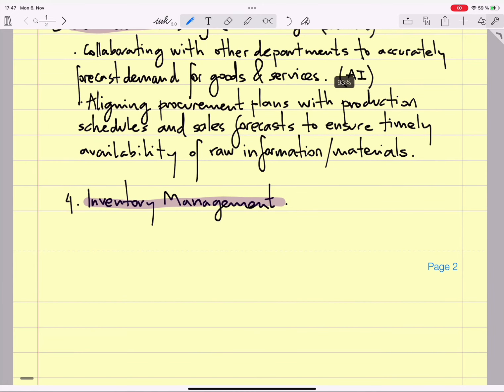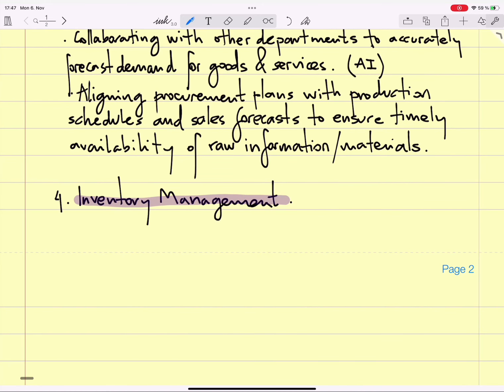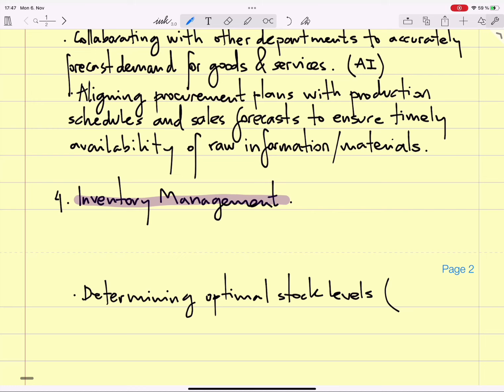Okay. So determining optimal stock levels, you remember maybe EOQ models.